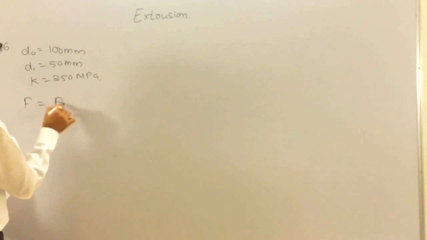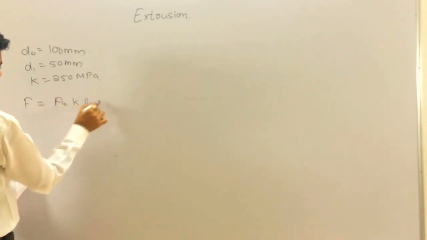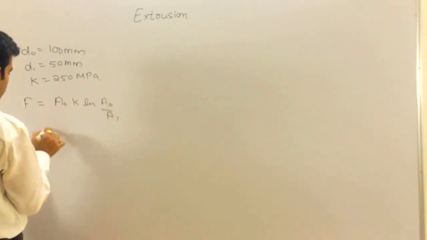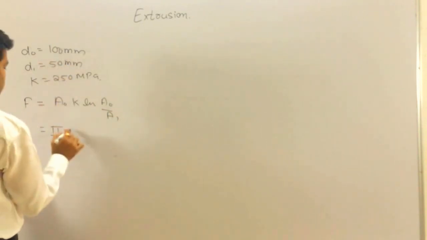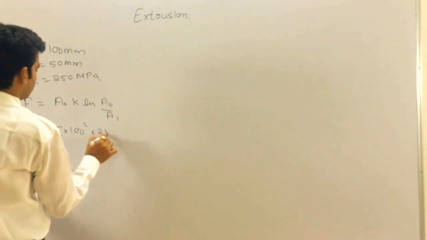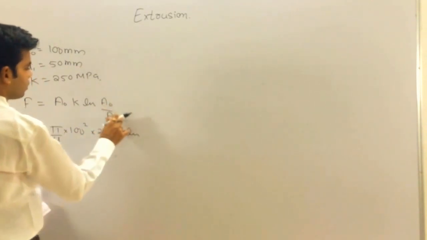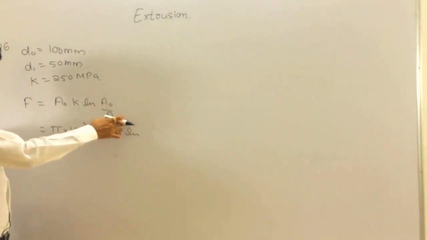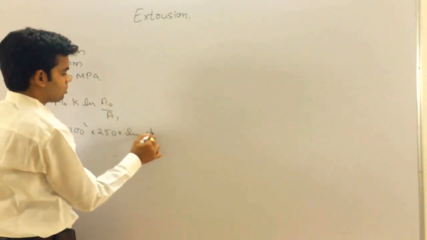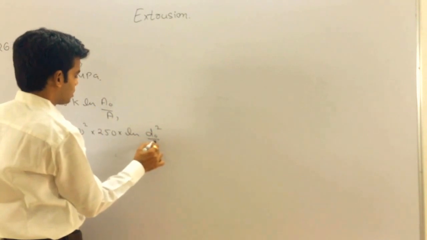What is this extrusion force? This is equal to A naught into K ln of A naught by A1. Okay, so just put the values. This will be equal to pi by 4 into d naught square, which is 100 square, into 250 into ln of A naught by A1. What will be A naught by A1? Pi by 4 d naught square upon pi by 4 d1 square. Pi by 4 gets cancelled out. This will be equal to d naught square by d1 square.